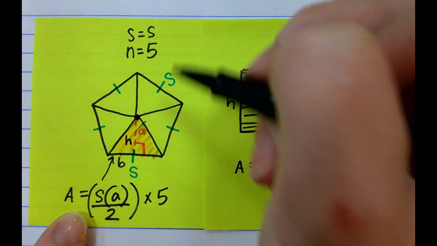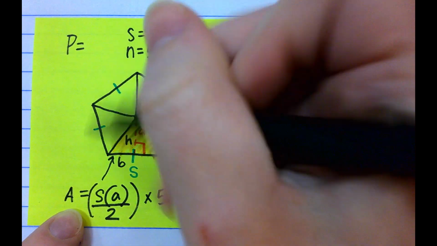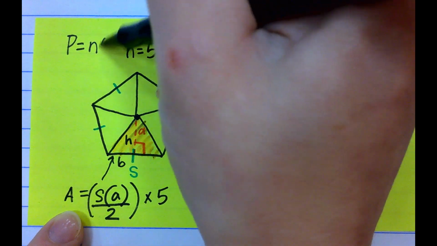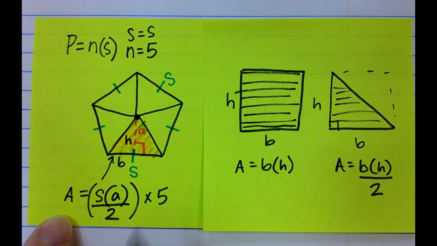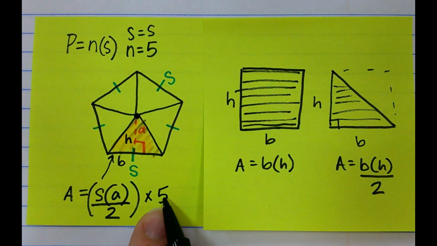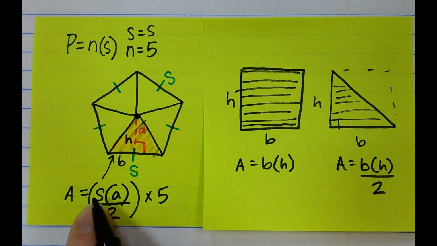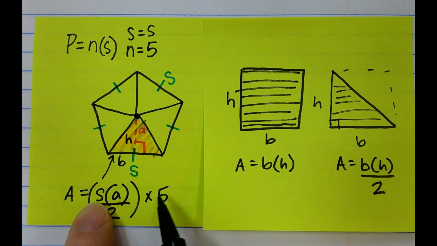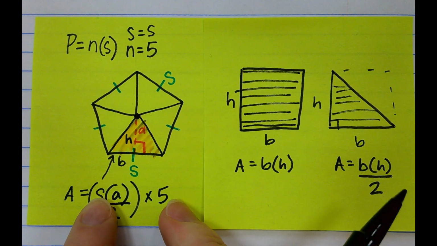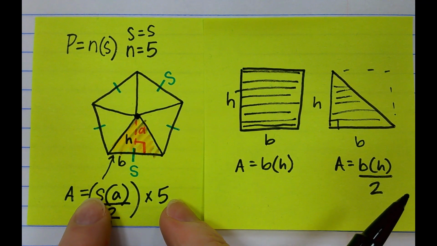What we would do first is find our perimeter, which is the number of sides times the side length, so n times s. There's our n, the 5, and it's getting multiplied by the s in our area formula. That's why we have perimeter in the area formula.